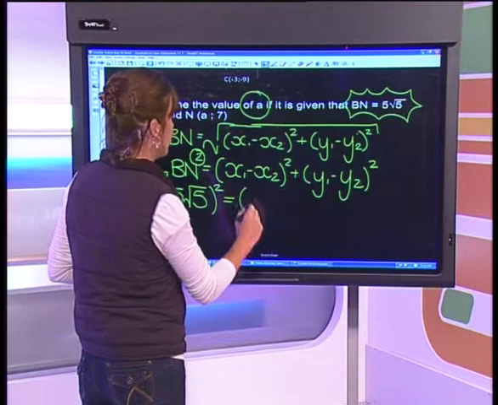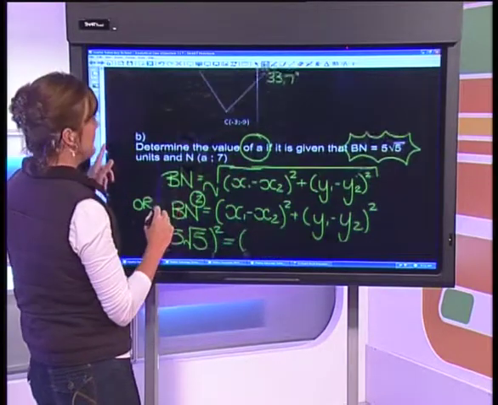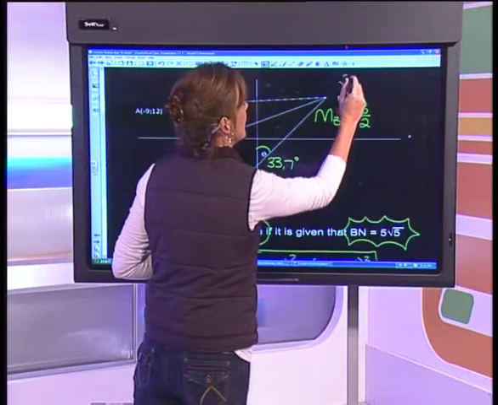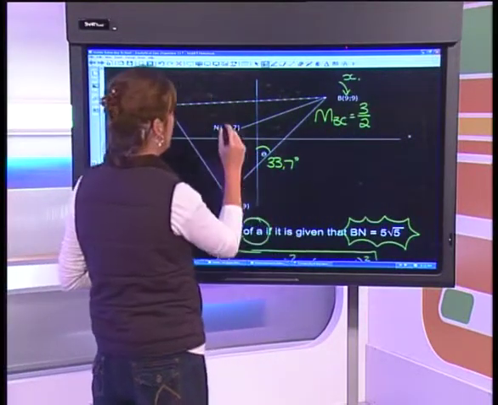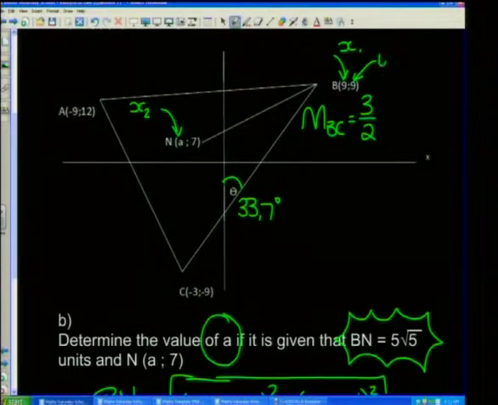Then we've got x1. Once again, we're going to have to talk about the x1 and x2. So let's call this value over here x1. Let's call this one over here x2. We've got y1 and we've got y2. Just take a moment to do this carefully.